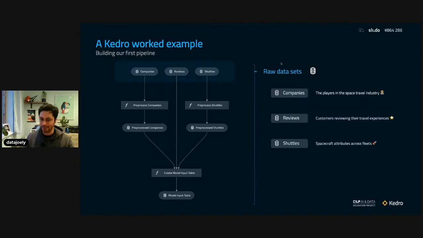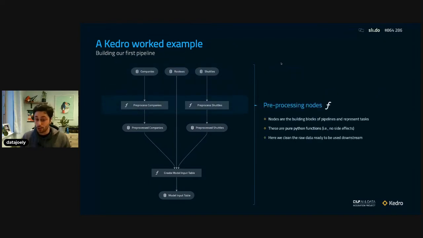As I said, there are three raw datasets. The companies data, these are the players in the travel industry, the reviews from customers, and the metadata about the shuttles themselves, so what their fleets look like. We have two nodes at this stage where we take the company and shuttle data and pre-process it so that we can use that data neatly and in a typed format in our next stage.